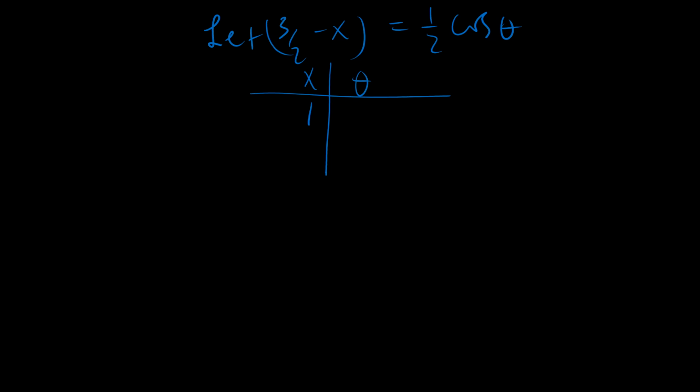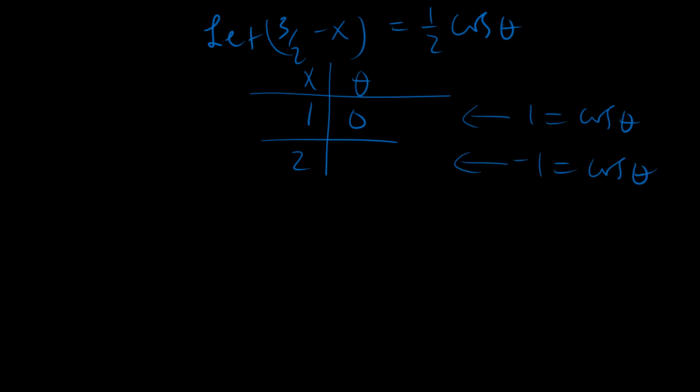Arc cosine of 1 is 0. When x equals 2, 3 over 2 minus 2 is negative a half. Negative half over a half is negative 1. So arc cosine of negative 1 can be looked at as pi.